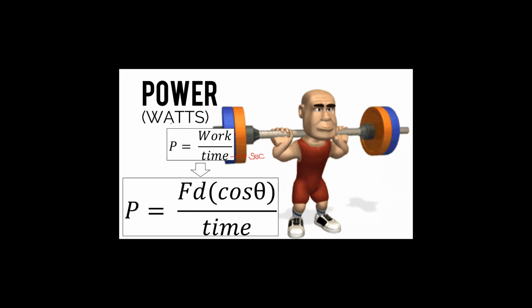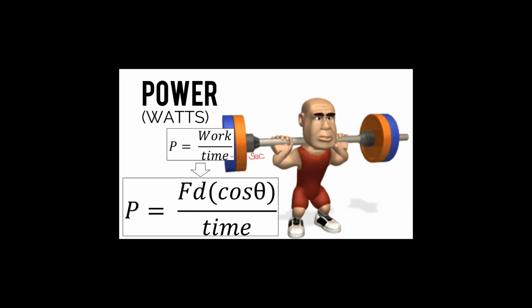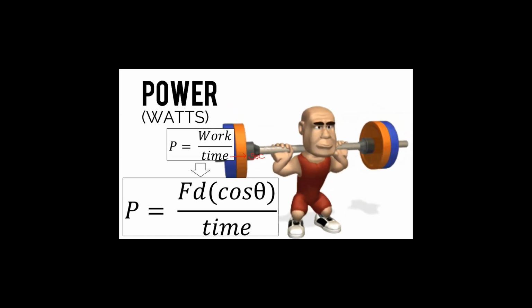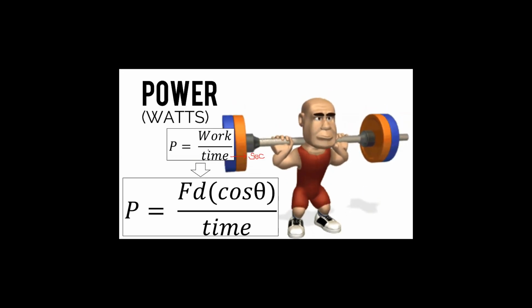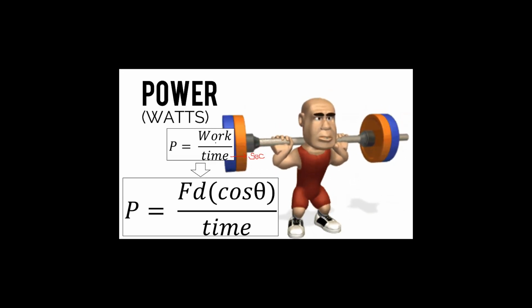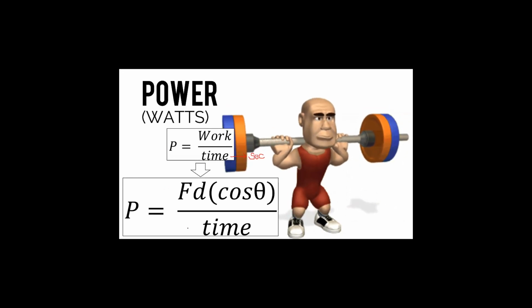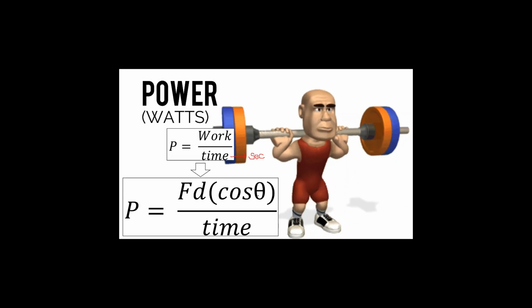If the work done is not directly stated, we can substitute the equation for work in our equation for power. So power is equal to force times distance times cosine theta divided by time.